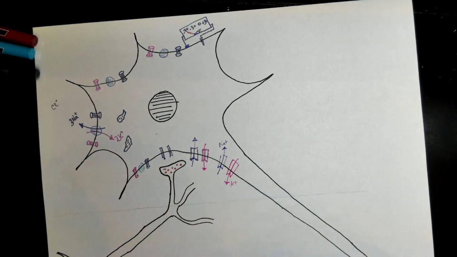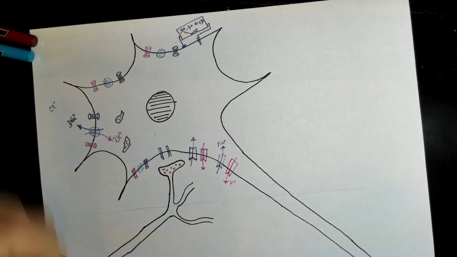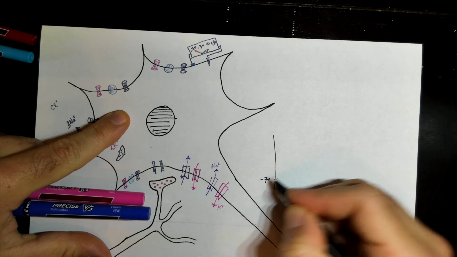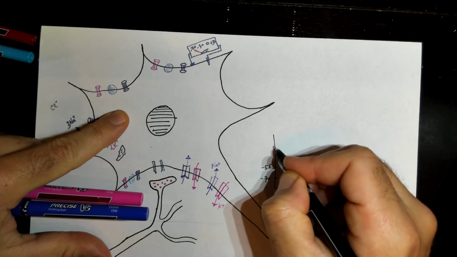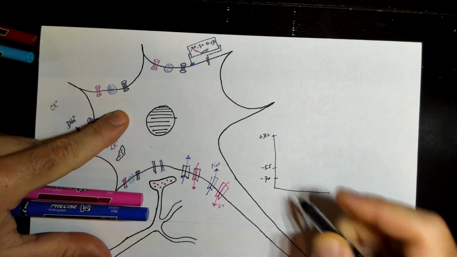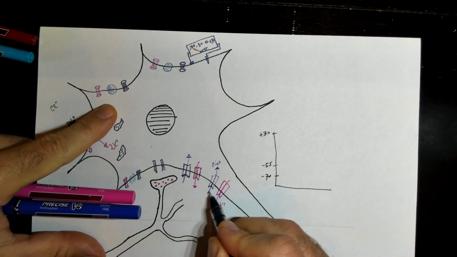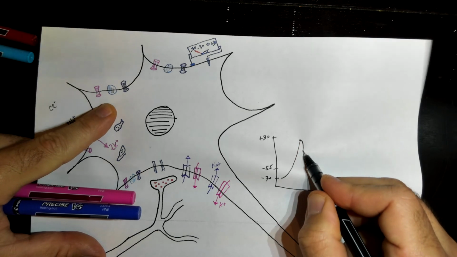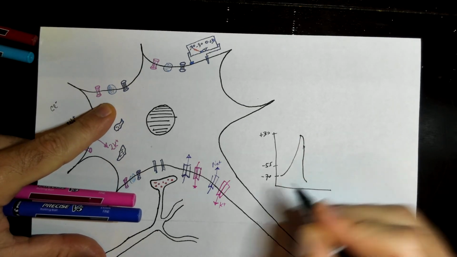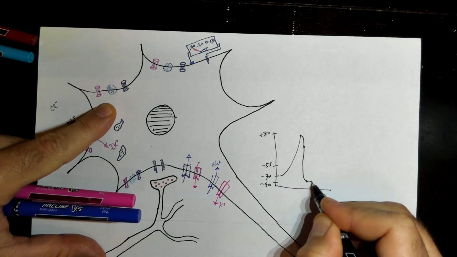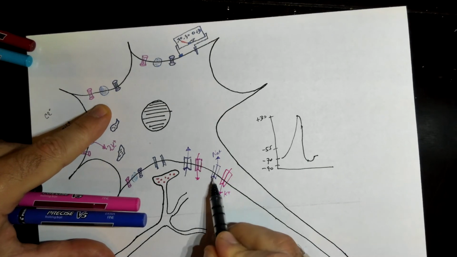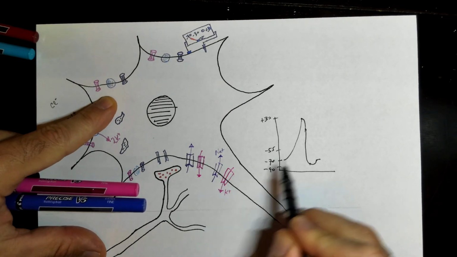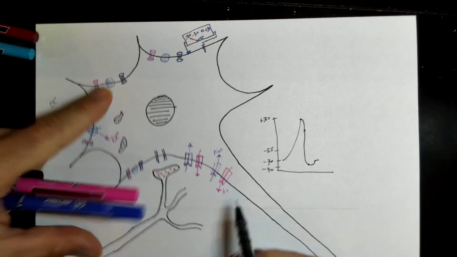And always, at every single time you see this, you have to imagine that graph going from the sodium bringing it to plus 30 depolarization, the potassium hyperpolarizes it to minus 90, and then you get that repolarization at every single time you see these two channels next to each other. That's what you want to imagine, but then it happens again.